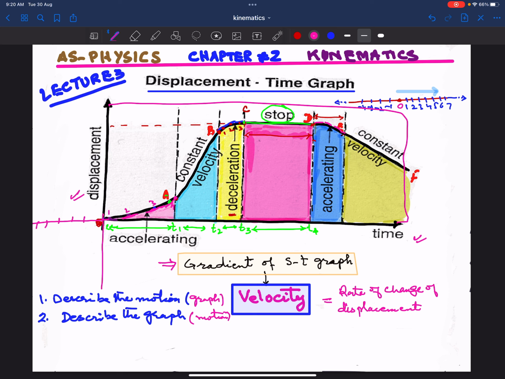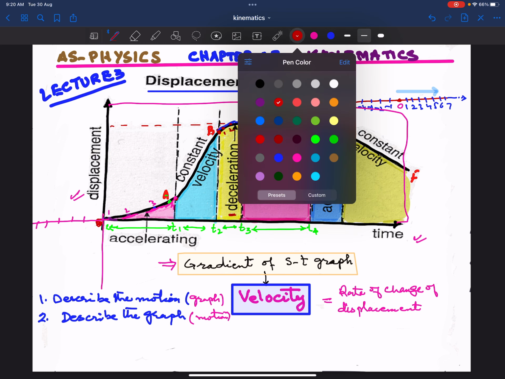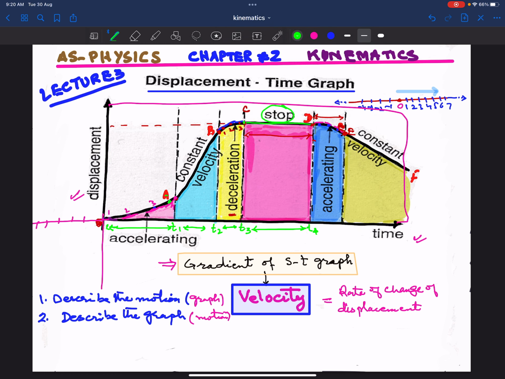Suppose we consider these points again as 1, 2 and 3, between D and E, this is your point E. So during this region D and E, the time interval here we can take as T4 to T5, what has happened in this time?